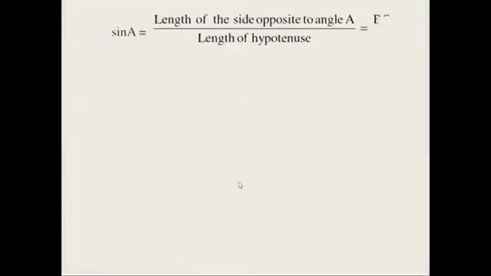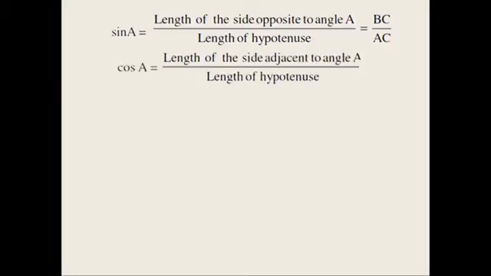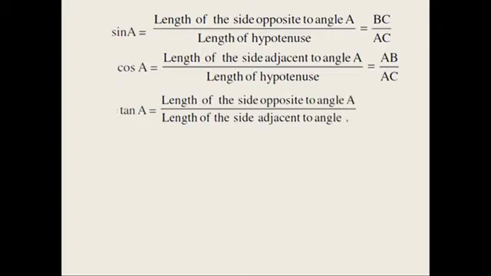Sin A is equal to the length of the side opposite to angle A by the length of the hypotenuse, that is BC by AC. Cos A is equal to the length of the side adjacent to angle A by the length of the hypotenuse, that is AB by AC. Tan A is equal to the length of the side opposite to angle A by the length of the side adjacent to angle A, that is BC by AB.